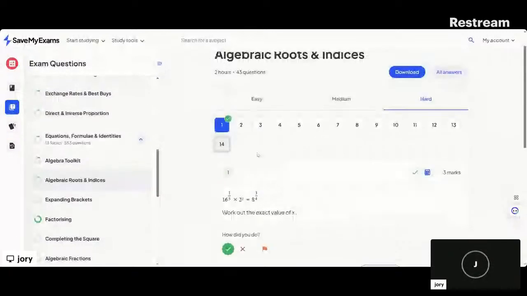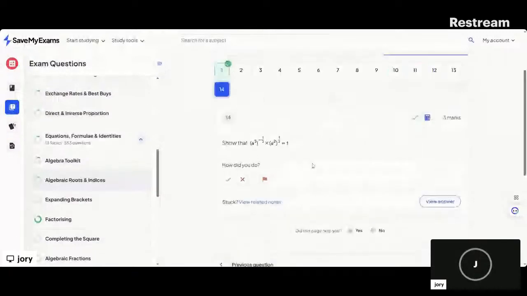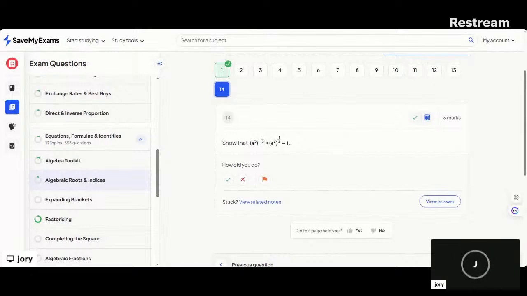Okay, let's do the last one. Show that this is equal to 1. Okay, I will. a to the negative 1 over 3 times 3 is a to the negative 1, which is 1 over a.